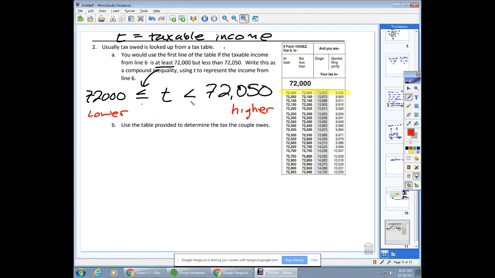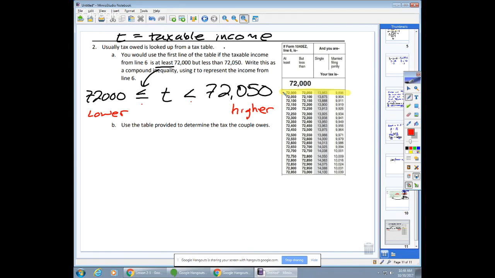For this table, the lower number means you're still in that row. The upper number means you have to jump to the next row. So if they made $72,050, then we would have to use the next row to calculate their income. That bumps us. Does that make sense? Sort of? We'll do this again tomorrow. We'll get used to it.